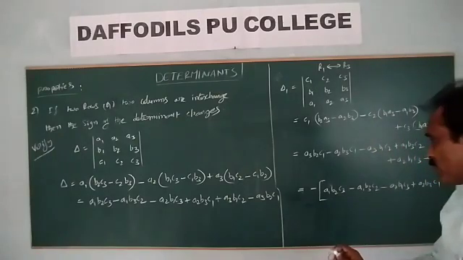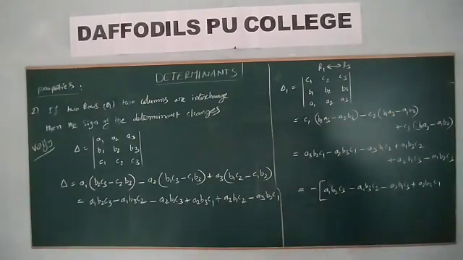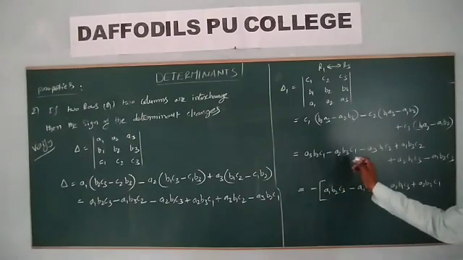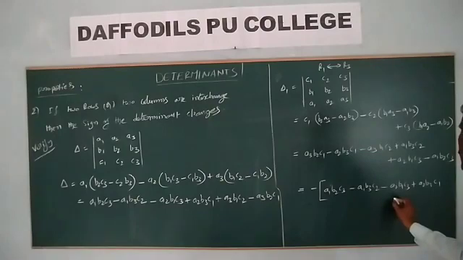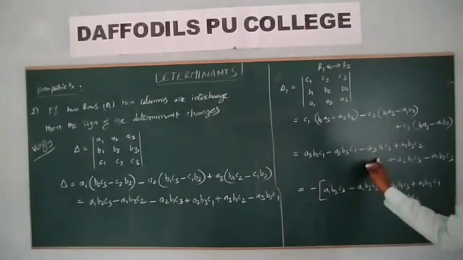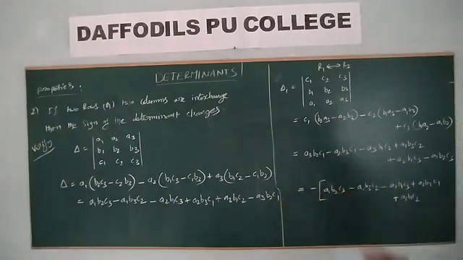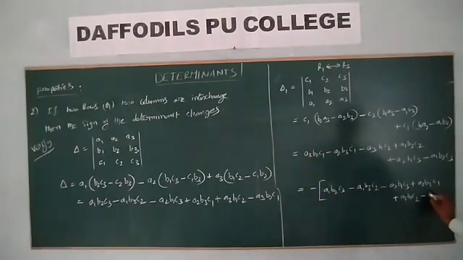Next, A3 B1 C2: here minus, there plus, so I take plus A3 B1 C2. Next term A3 B2 C1: here minus, there plus, so minus into minus gives plus A3 B2 C1.